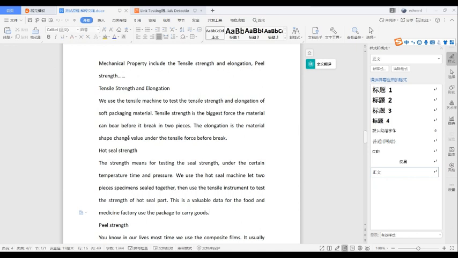Another property is elongation. Elongation is, at the break part of the specimen, how much percentage this shape changed. We usually get maybe 60, 70, 80% of data. We call it the elongation.